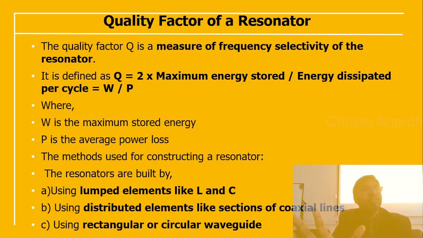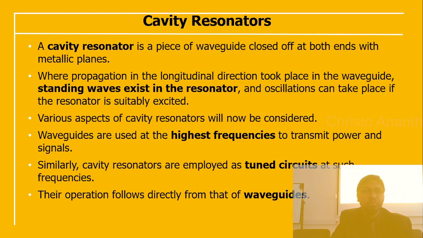We have some methods for constructing a resonator. Resonators are built using lumped elements like inductance and capacitance, using distributed elements like sections of coaxial lines, and using rectangular or circular waveguide. Then we'll understand cavity resonators.